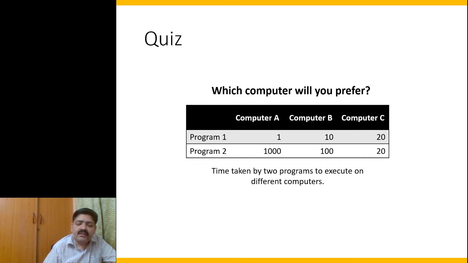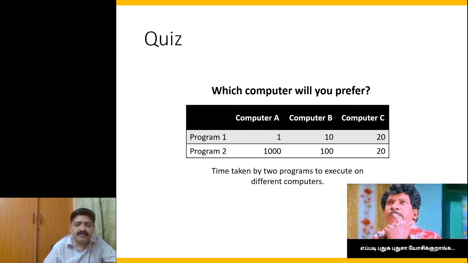So now that we have two different programs taking two different kinds of times, it would be easier to compare the computers if we could normalize these. But how would you approach normalizing in this case, and which kind of central tendency would you use to decide which computer to buy?